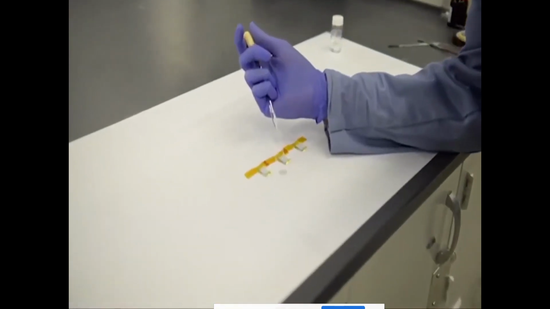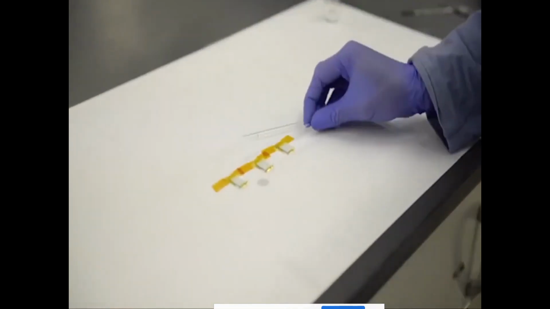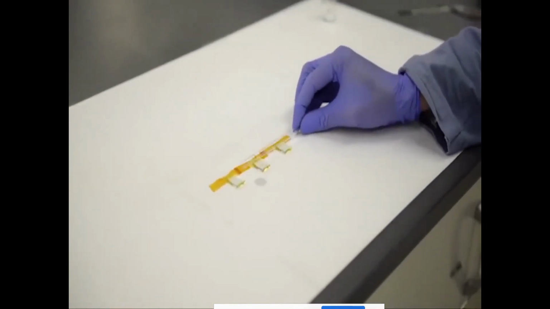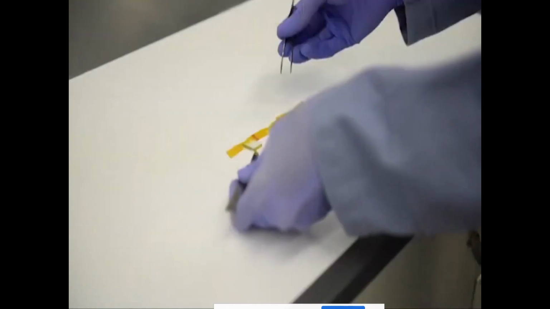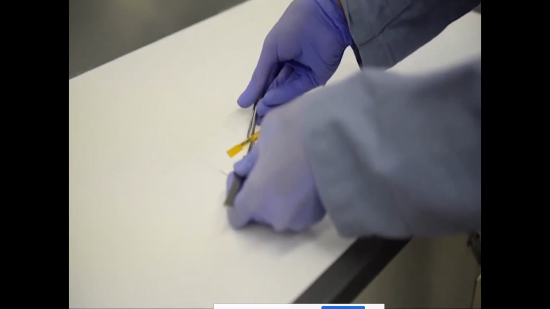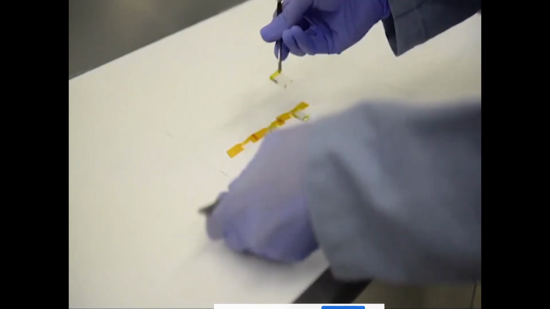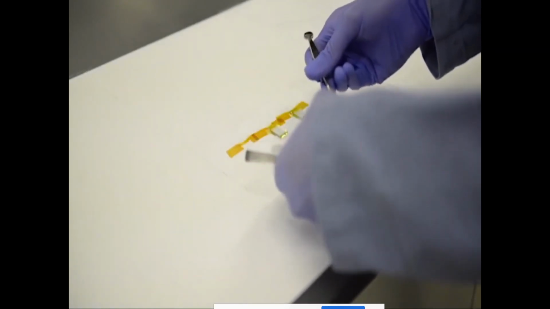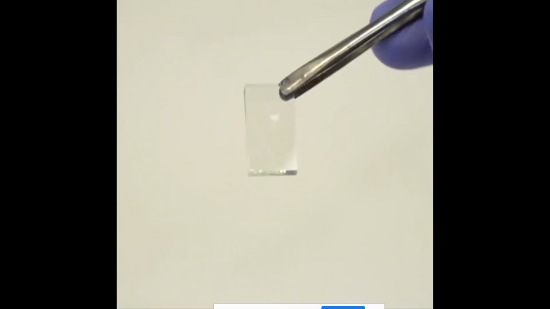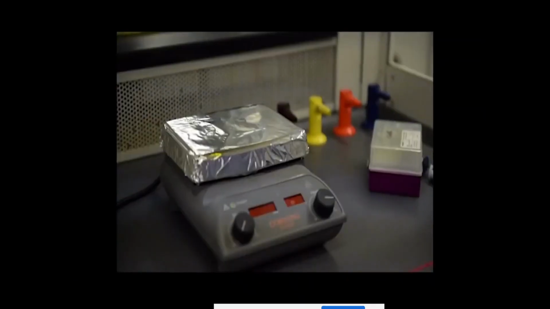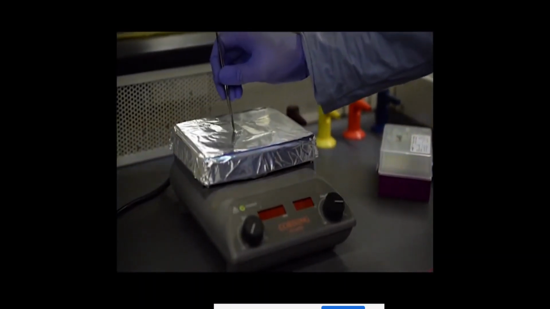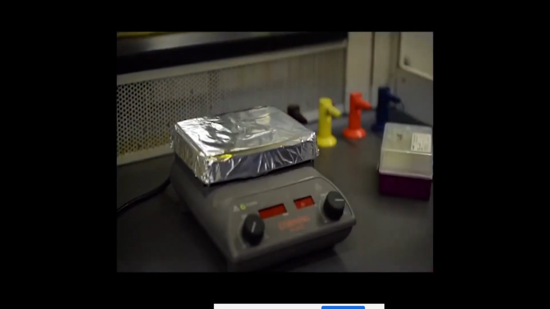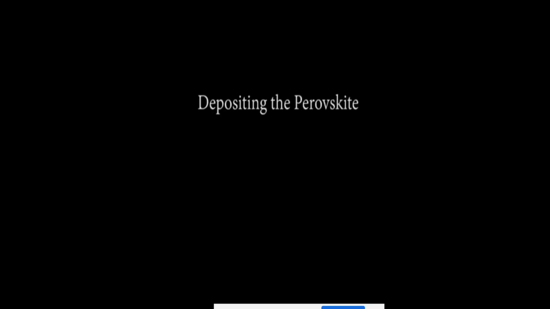We deposit 1 drop of titania solution onto the glass and spread it across the surface with a glass pipette. Then we remove the tape entirely and place the glass piece on a hot plate facing up. We heat it at 450 degrees Celsius for about 20 minutes and let it cool down for about 10 minutes.